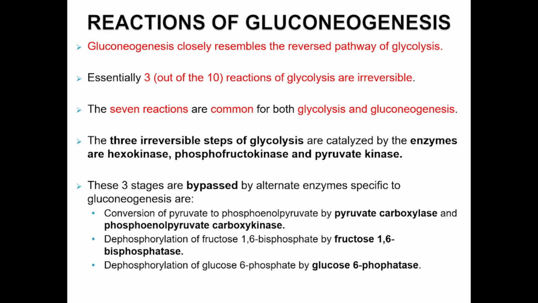7 reversible, 3 irreversible. So if you want to reverse the whole pathway from pyruvate to glucose, you have to bypass those 3 irreversible steps, because the reversible steps will be no problem, as they can go in both directions. But the irreversible reactions need to be bypassed by a different reaction with a different enzyme.